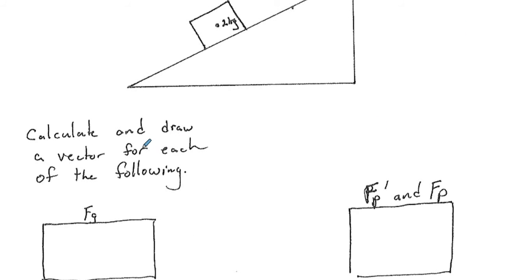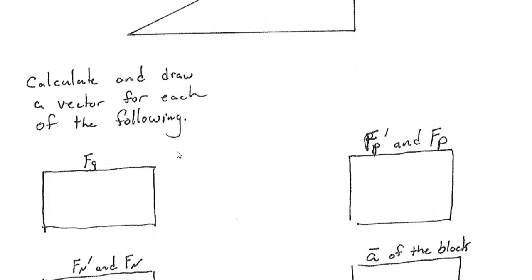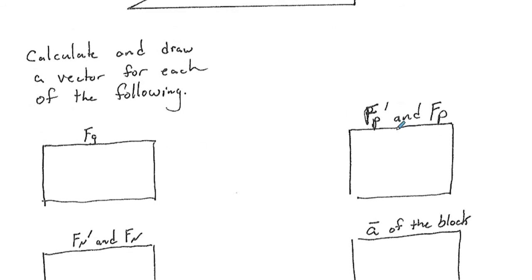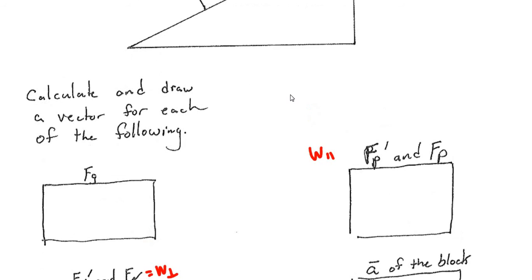What we want to do is calculate and draw each of the following vectors. This is just a slightly different notation from Mr. Prusnowski and myself. I call this the weight parallel, and this I call the weight perpendicular, which is equal to the normal force. But either way, the mathematics of them are the same, just a different way of calling it.